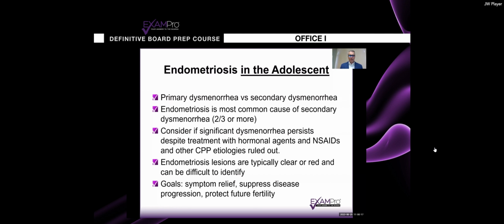Most respond well to empiric treatment. So we want to think about the use of empiric treatment as our first line approach.